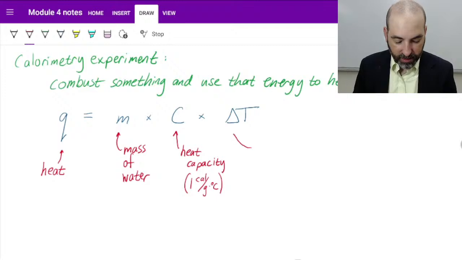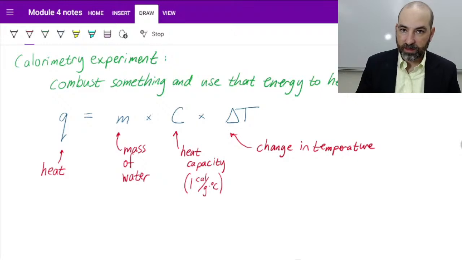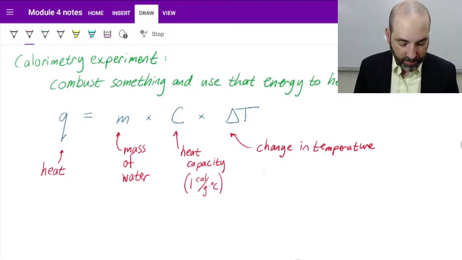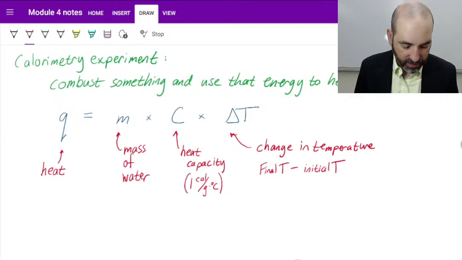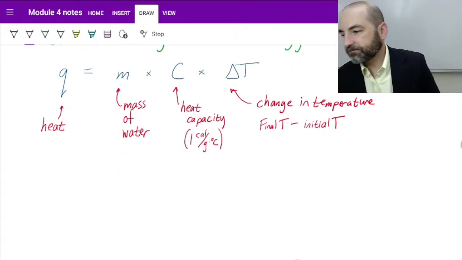And then the final term is delta T, which is the change in temperature. So it's not the absolute temperature, but how much the temperature changed from beginning to end. That might be expressed as the final temperature minus the initial temperature.